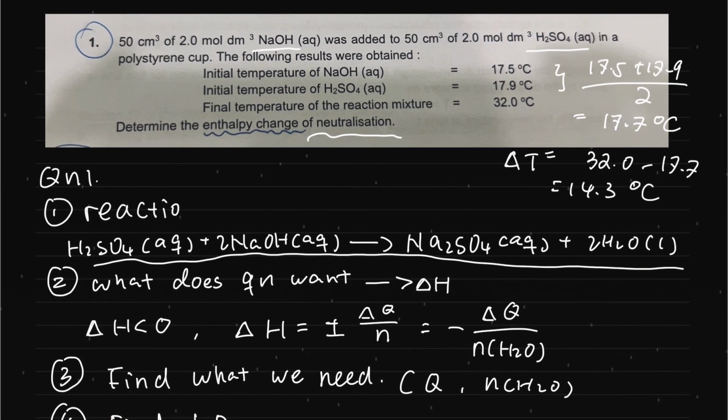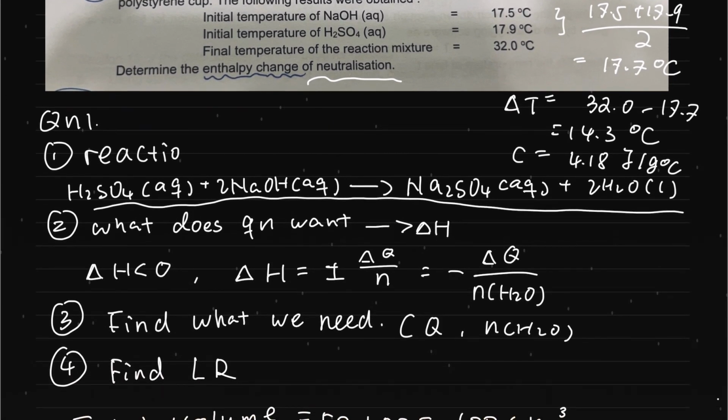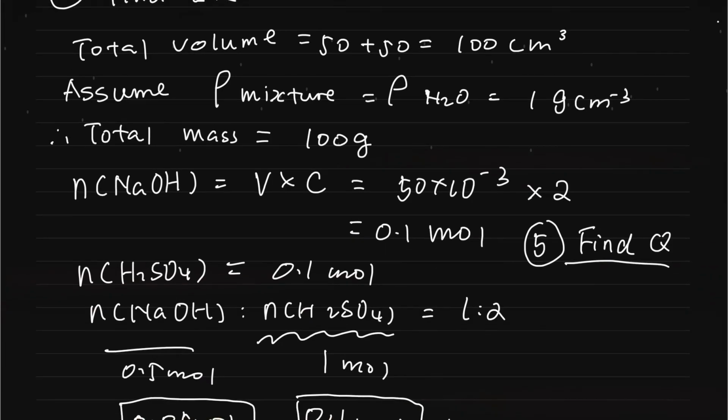We also assume the specific heat capacity of the mixture equals that of water as well. So c also equals 4.18, the unit is joule per gram per degree Celsius, of course.